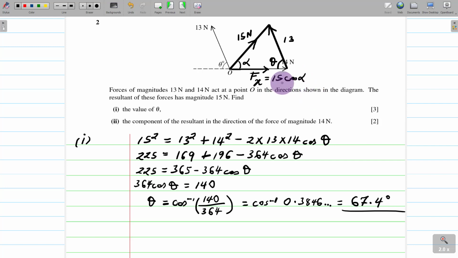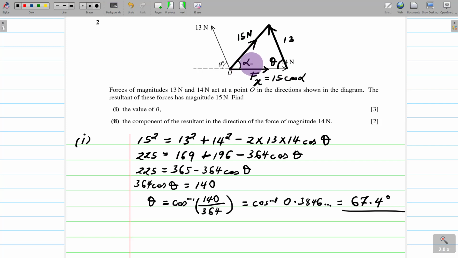I hope you can remember that when you are asked to find the component of a vector in a given direction, and that direction makes an angle, say alpha, with the given vector, then all you need to do is use cosine. You take that vector, then you multiply it by the cos of that angle. So here we've got a triangle with the three sides which are known, with one angle which is known. We need to get this angle here.